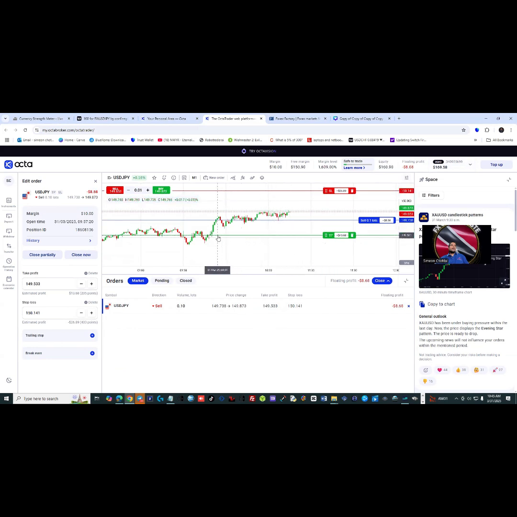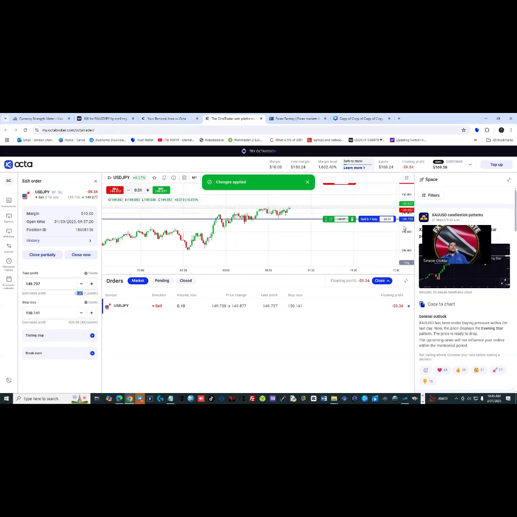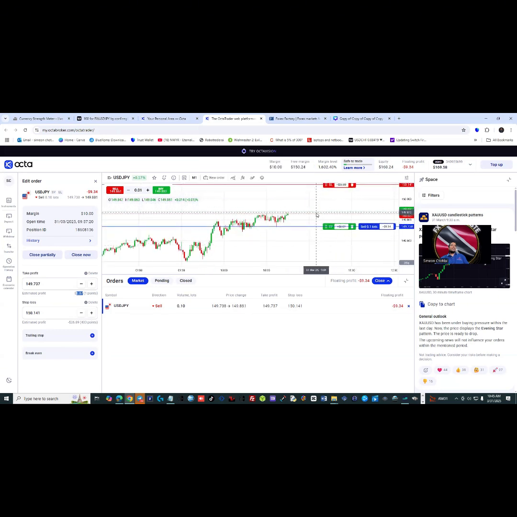We simply bring the take profit level to the entry point, right? And by doing that, we're gonna hit confirm changes here. You can see profit level is $0. So if you hit confirm changes here, we don't have to worry about this anymore. We leave the trade to play out.